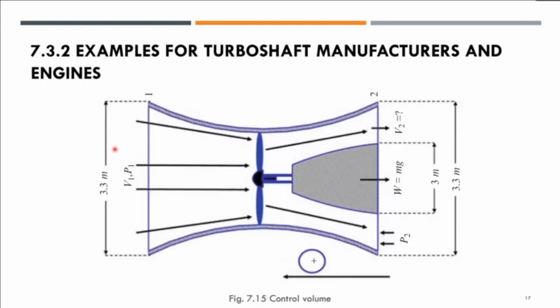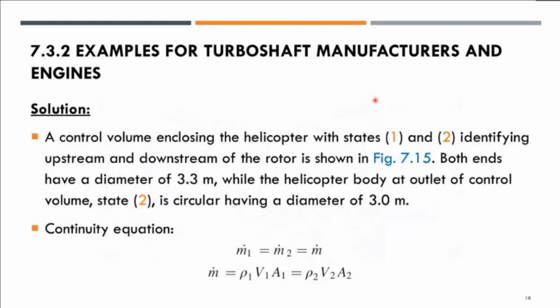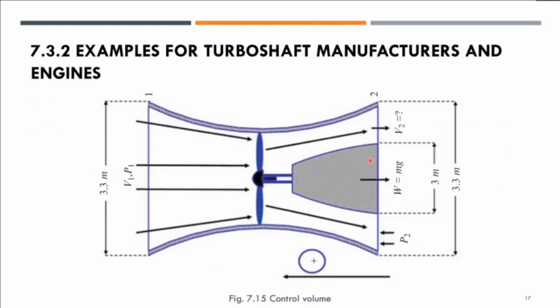Both ends means at station 1 it is 3.3 and at station 2 it is 3.3 meters as well, while the helicopter body at the control volume outlet is a circular diameter of 3.0 meters. Imagine the body of the helicopter having a diameter of 3 meters.